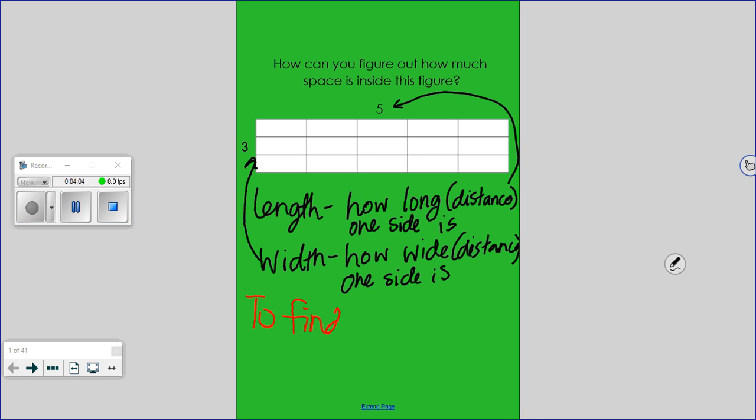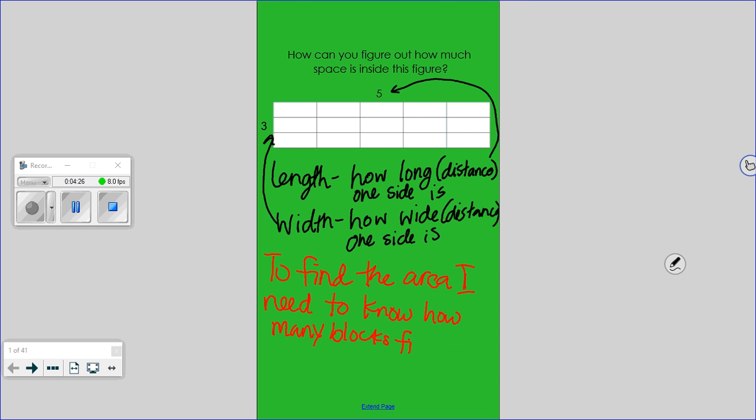To find the area, I need to know how many blocks fit inside that area.